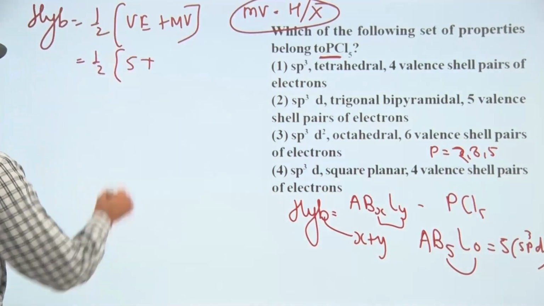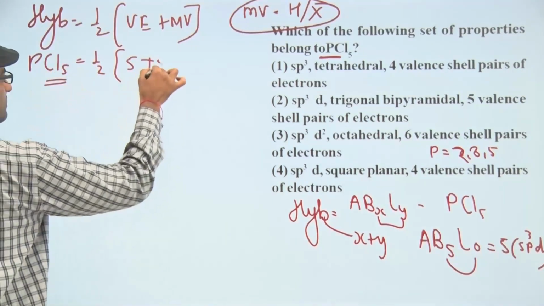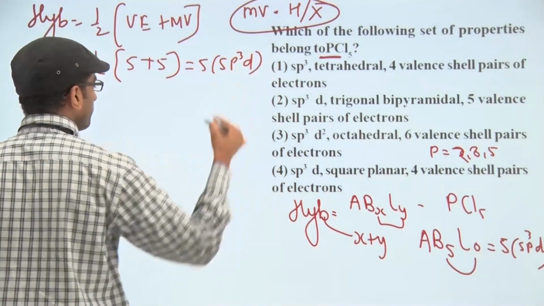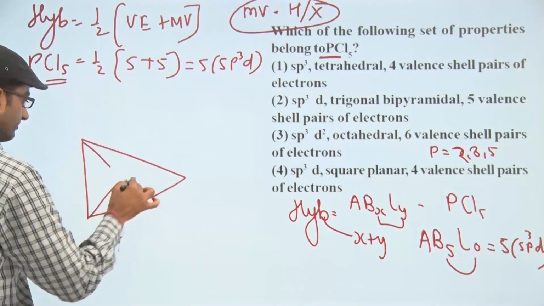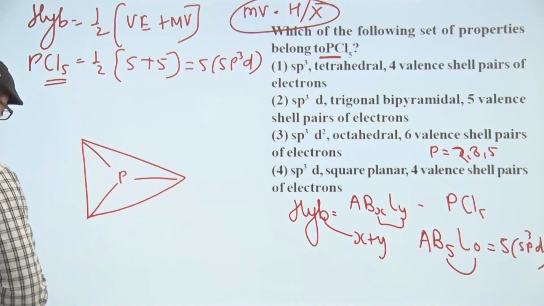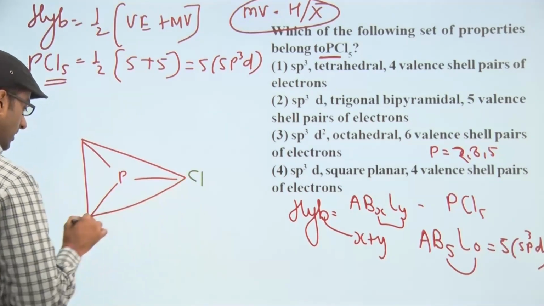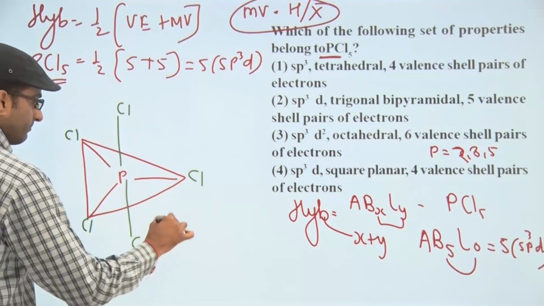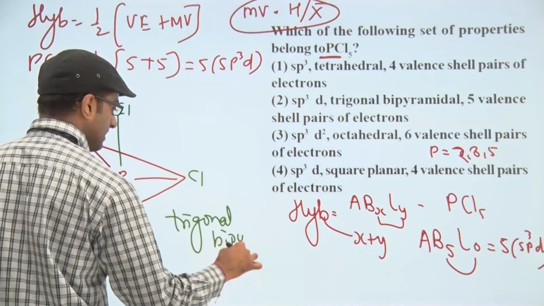So 5 chlorine are present here, 5 halogen. So 10/2 it means 5, that is sp3d. And we can have here the structure in such way: phosphorus central atom bonded by chlorine 1, 2, 3, trigonal bipyramidal structure is there. This is trigonal bipyramidal.